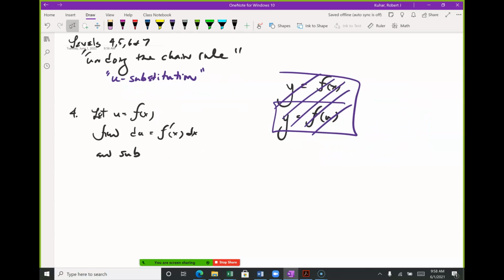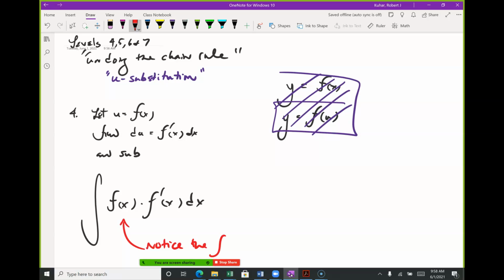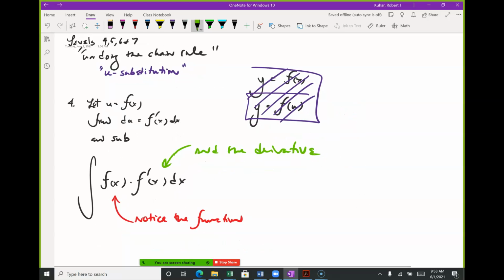But what you're really looking for is a function and its derivative. Notice the function and the derivative.